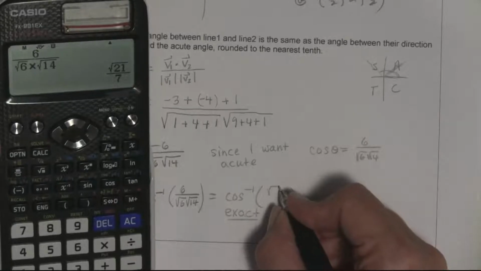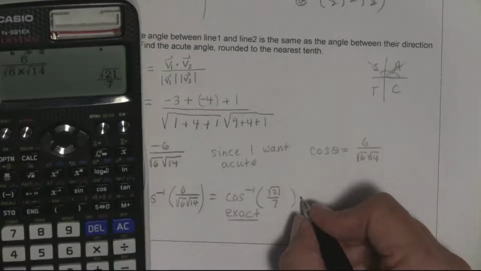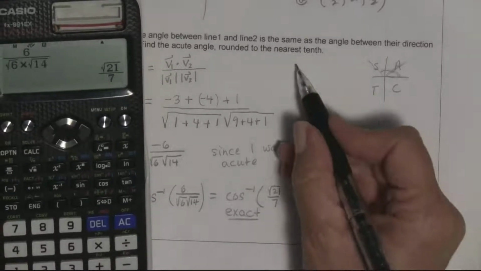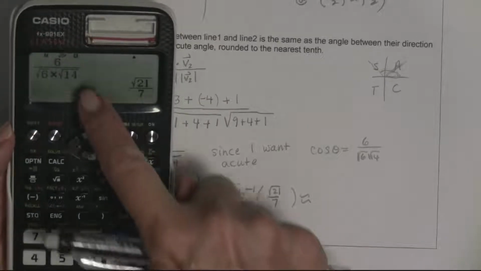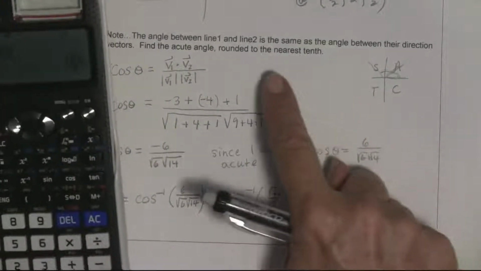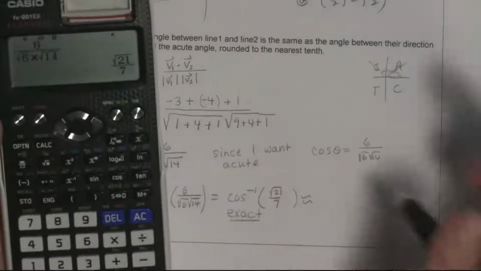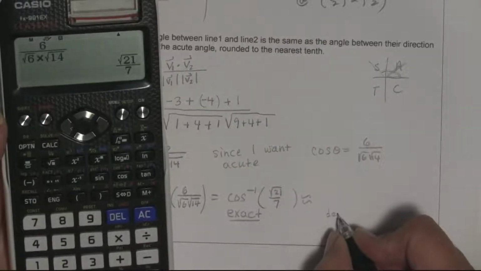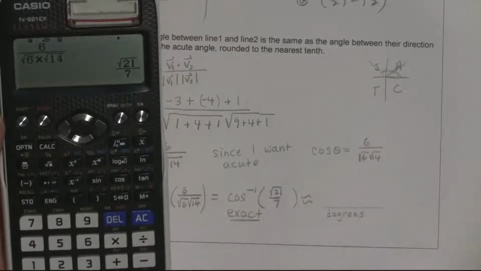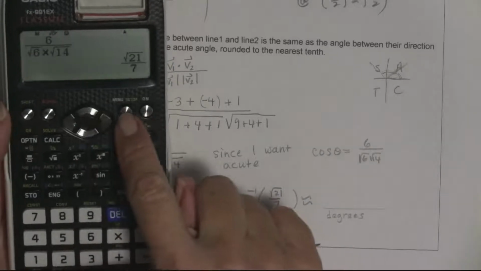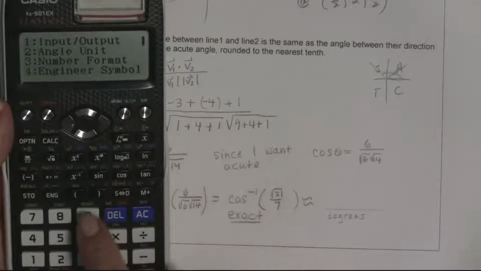So this is the square root of 21 over 7. And then I'm going to round to the tenth, so I have to make sure that my calculator is in degrees. It didn't say degrees here, but that's usually what they want, so I'm going to make a note of that. So my calculator, that's not how you make it into degrees.